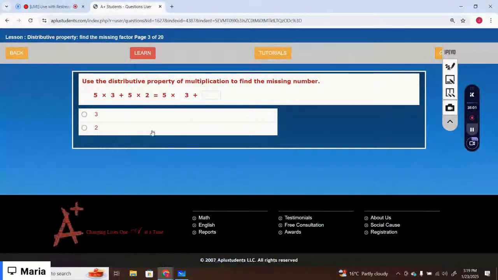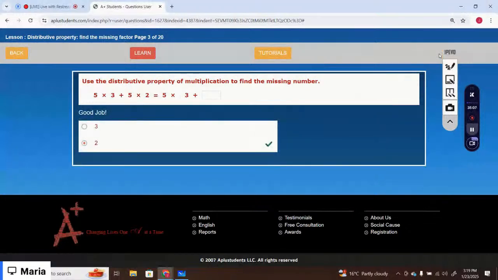The missing number is 2. Option number 2 is the correct option. 2 it is. You already have 3 there.